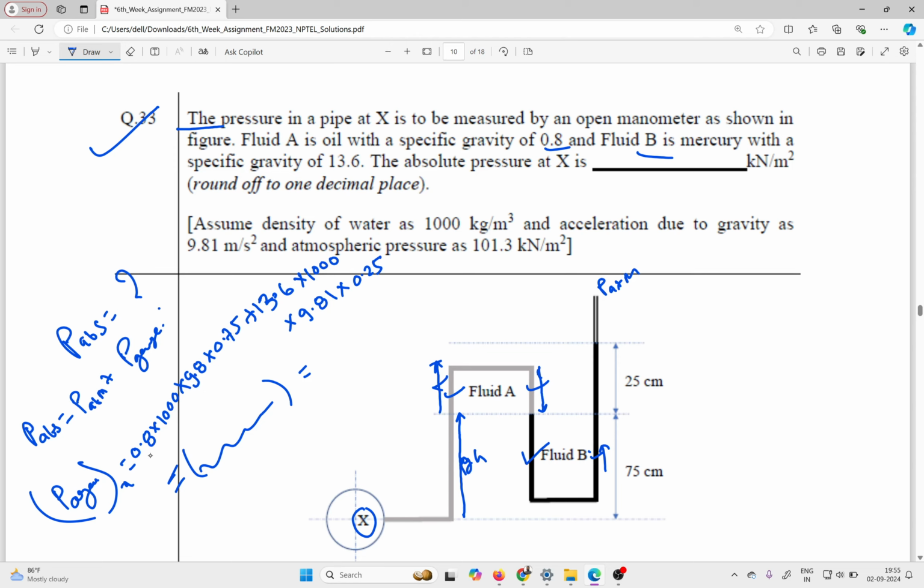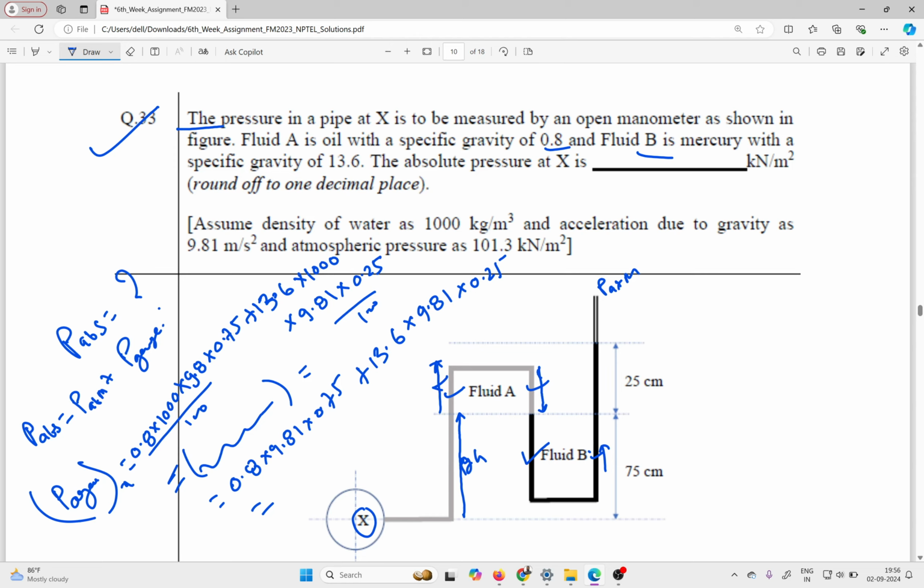So you divide this by 1000, and this component also by 1000. So you will get 0.8 into 9.81 into 0.75 plus 13.6 into 9.81 multiplied by 0.25.